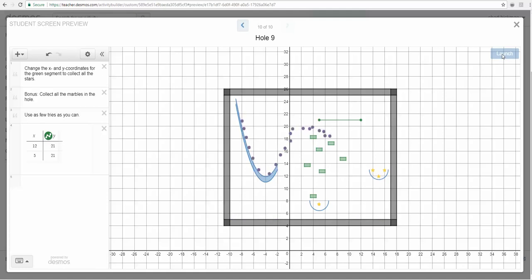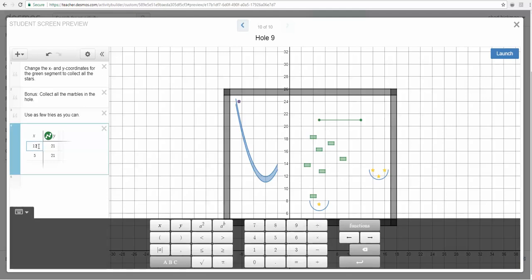Okay, what's going on there? What's the real problem is I can't get any balls back down into this area. This would be a good place to discuss. Okay, well, man, if I could only get some of those extra purple balls that aren't going where I want them to go down here. Well, it looks like we're at 12. So if I put maybe a 13, 13, 13 is one of these points.